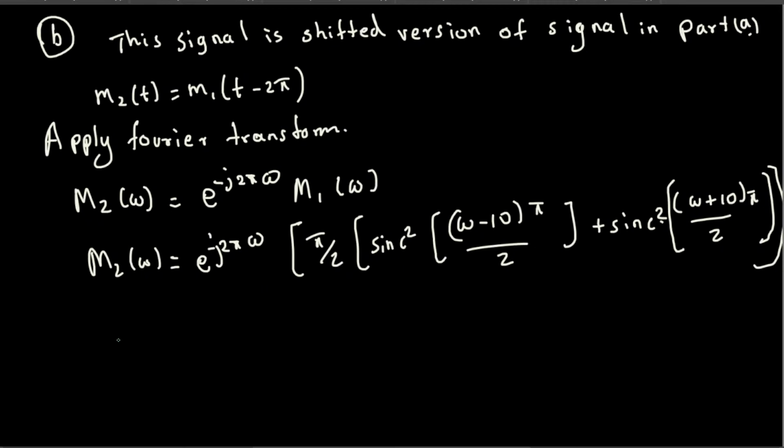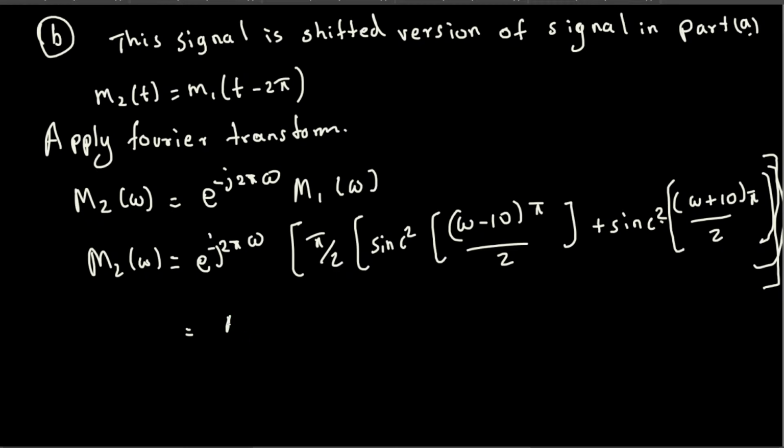So the final expression, let's see if the brackets are in the right positions. Yes. There should be another bracket right here. What we can do is combine e power minus j2 omega and pi over 2 together, because this is common for everything.